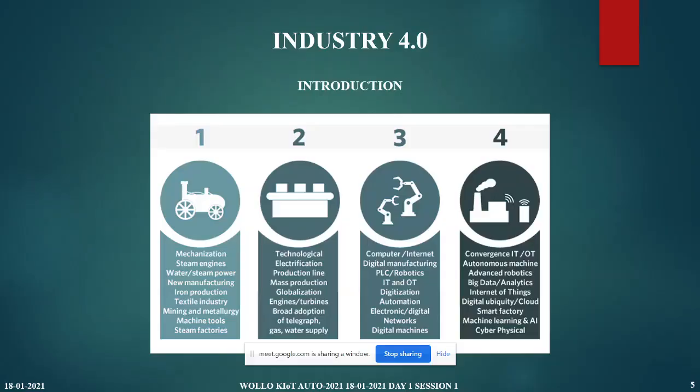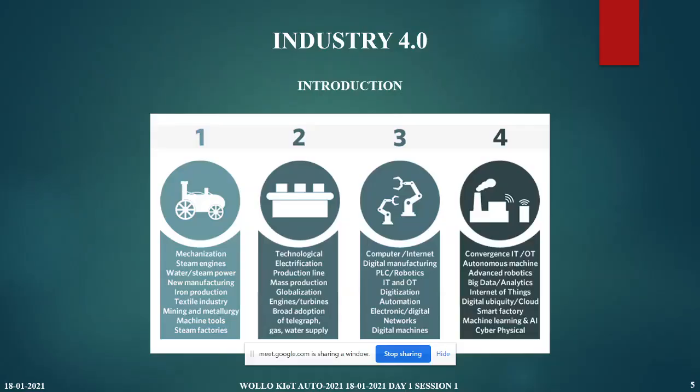Now we move on to our decade, wherein it is Industry 3. You have the internet, you have the computer, everything controlled using the computer and the internet. You have digital manufacturing, wherein you have CNC machines which run on a set of preset codes, and the operator just has to input the codes, check whether the operation has been done correctly, and check for any errors in the codes.